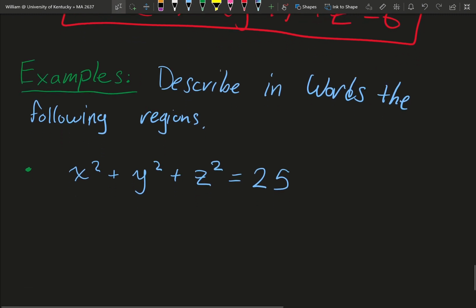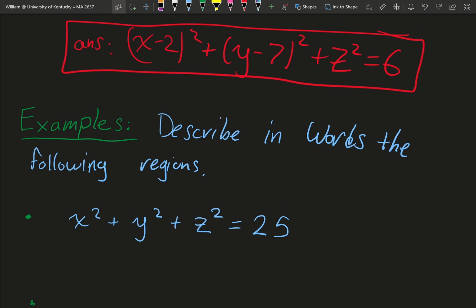So x squared plus y squared plus z squared equals 25. So maybe take a minute, think about it. We see, okay, it's got to be a circle.